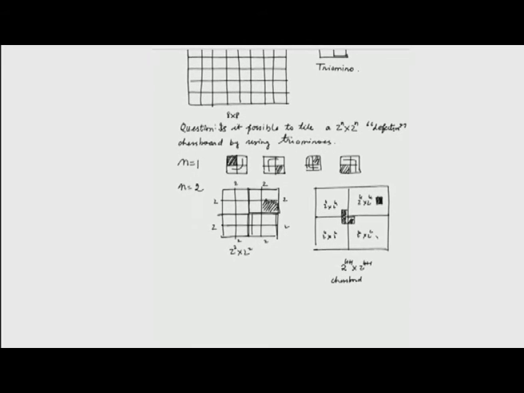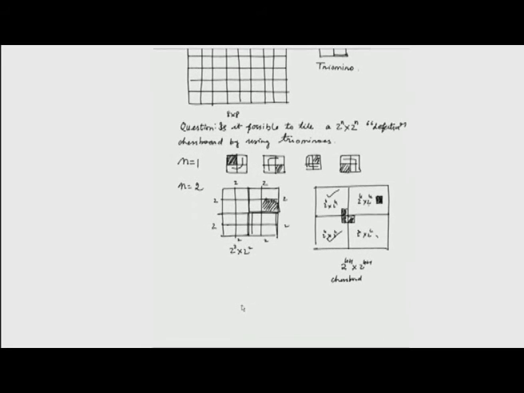Now, let us assume that 2 to the power k defective chessboards can be tiled by triaminos, then this one can be tiled, this one can be tiled, this one can be tiled, and of course, this one can be tiled because this is defective from the beginning, and therefore, the whole chessboard can be tiled.